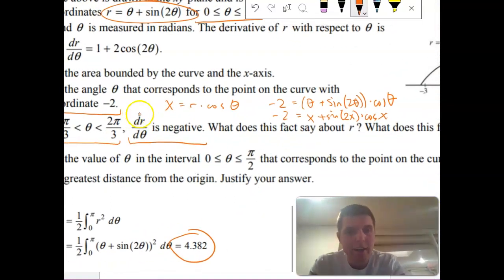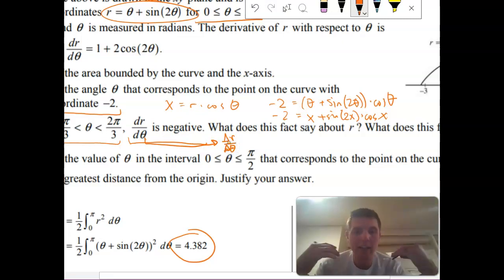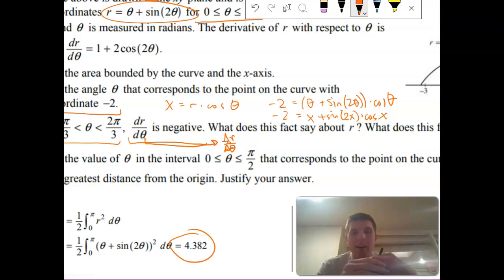dr d theta. This is your related rates practice, Nico. Change in r, or delta r over delta theta, to throw back a little bit. What does that mean r is doing? r is decreasing.